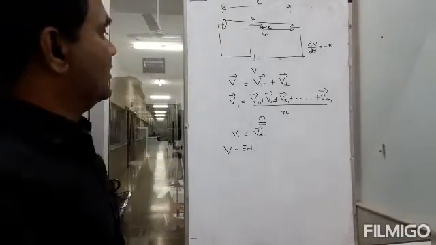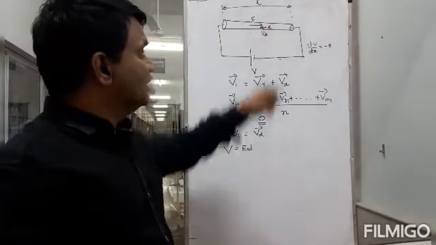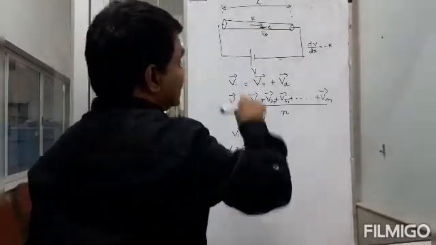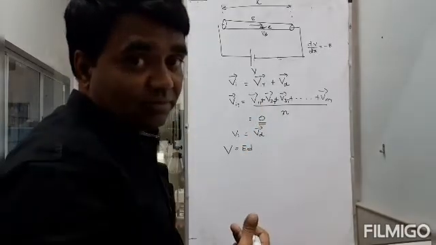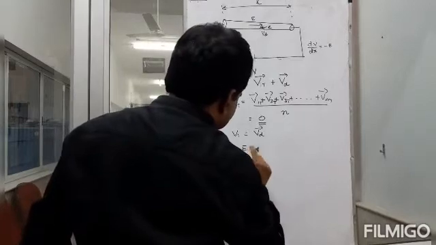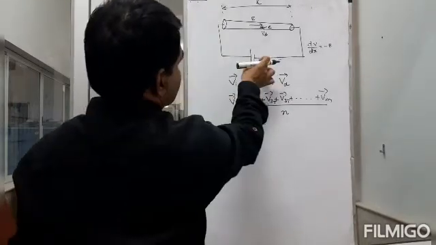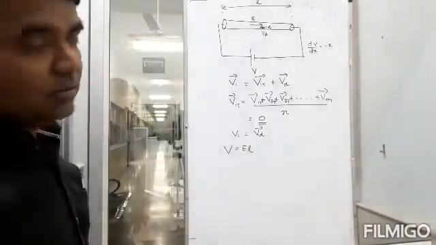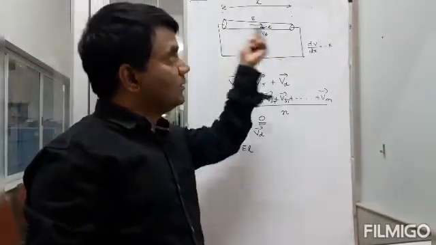So E is set up there, and that is going to accelerate this charge. V is a constant and L is a constant, so E will also be a constant. So E is set up in this direction.